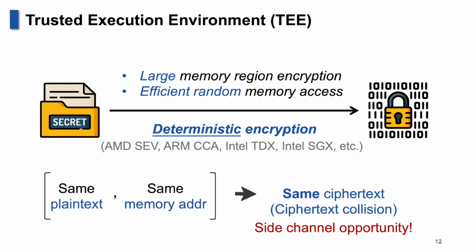Therefore, most TEEs use deterministic encryption, which means that every time we try to write the same data to the same memory address, the resulting ciphertext is the same, and we call that a ciphertext collision. This is where the side channel lies.